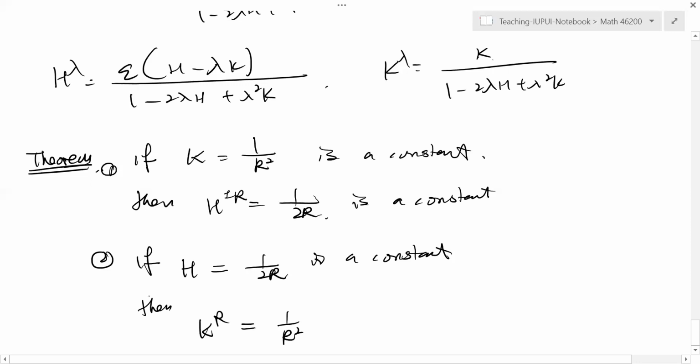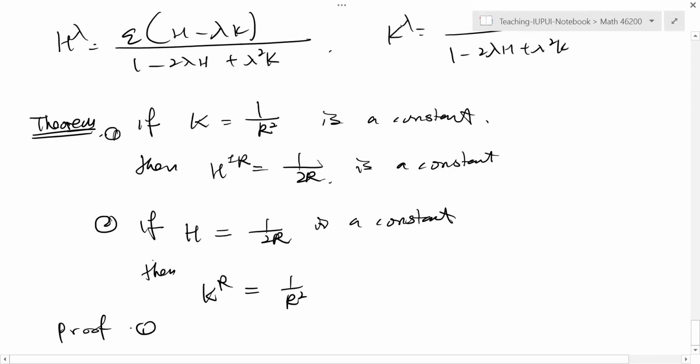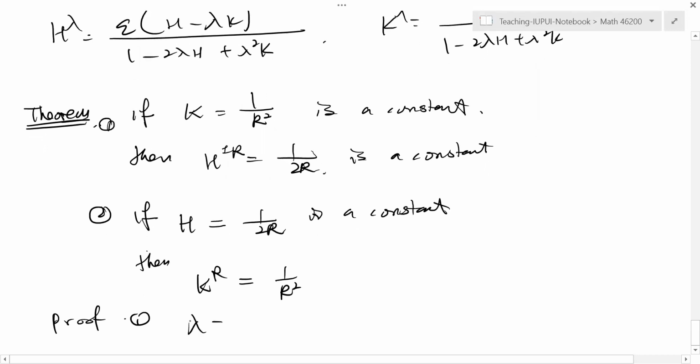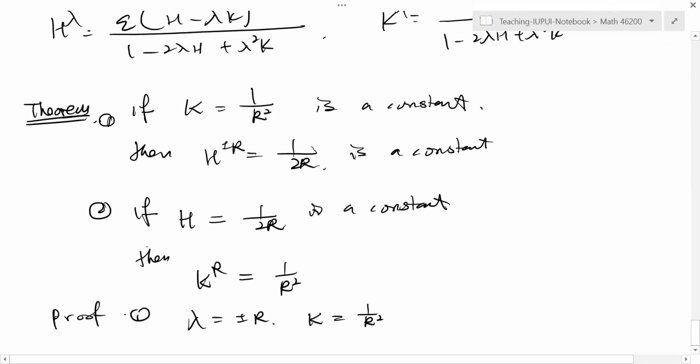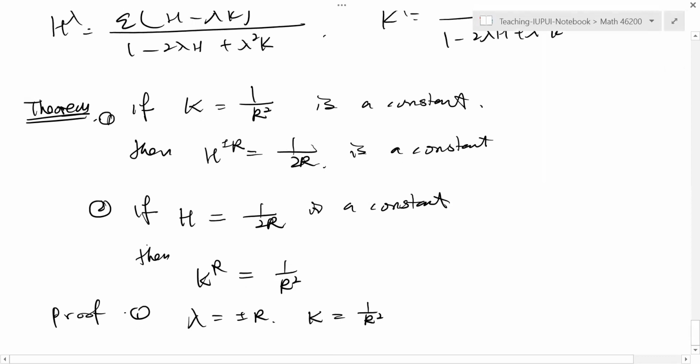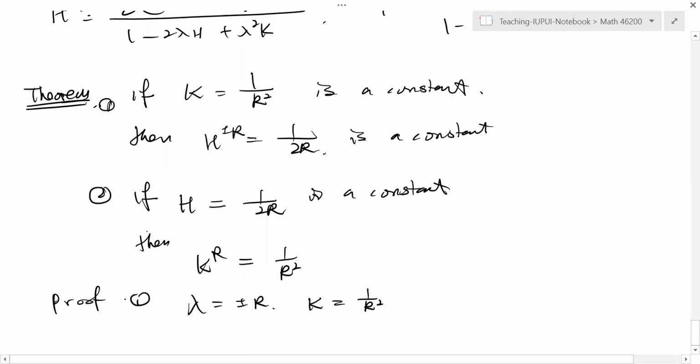Let's do it. Which formula again? We are going to prove the first one. K equals 1 over R squared, so lambda is going to be plus minus R. I'm going to plug into the above formula.